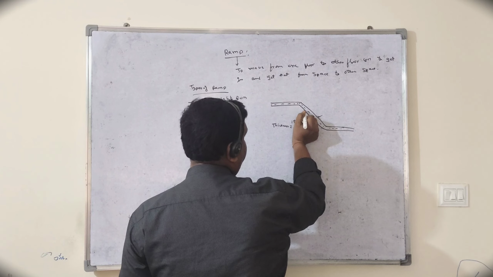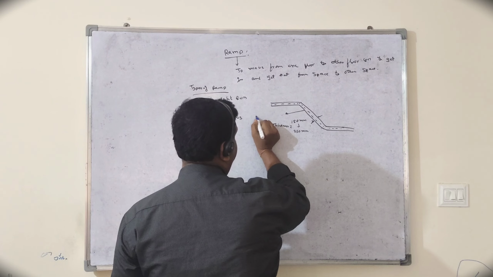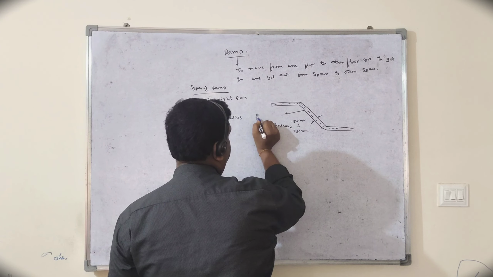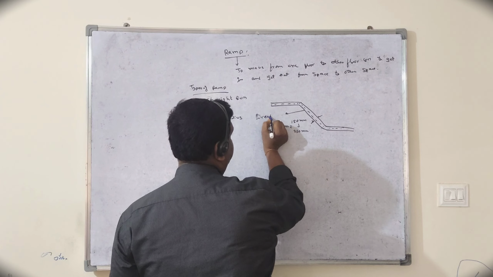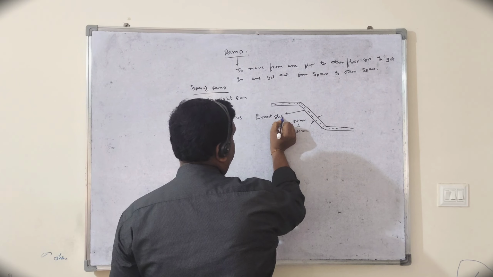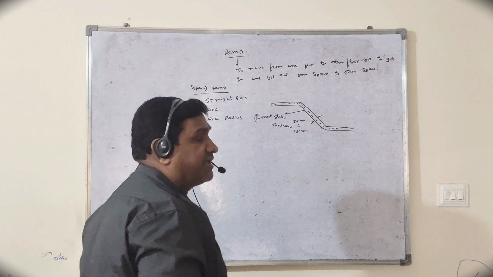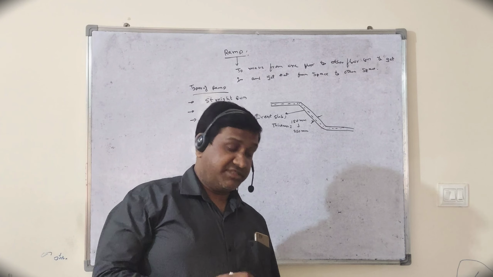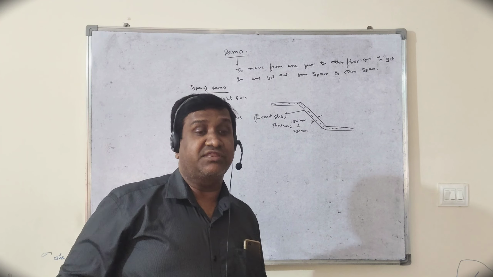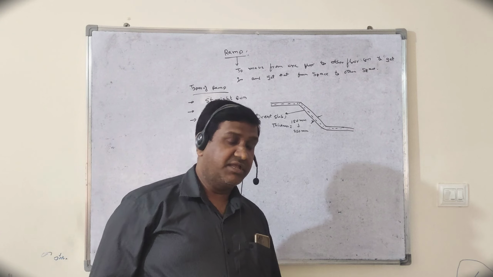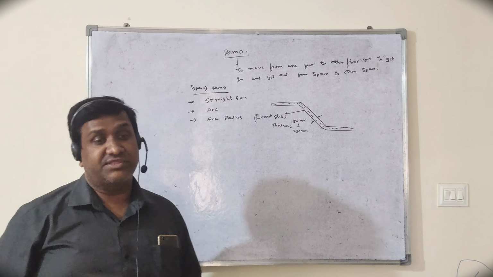So this slab we will call a rest slab, W-R-E-S-T, rest slab. The ramp slab we will call a rest slab, and the staircase slab we will call a ridge slab, ridge and rest. These are two technical words, you just remember.